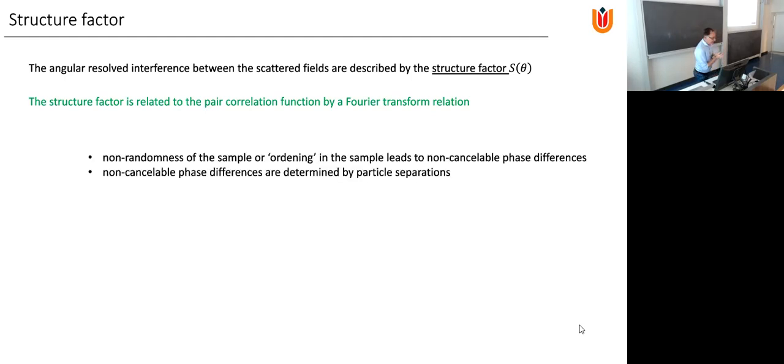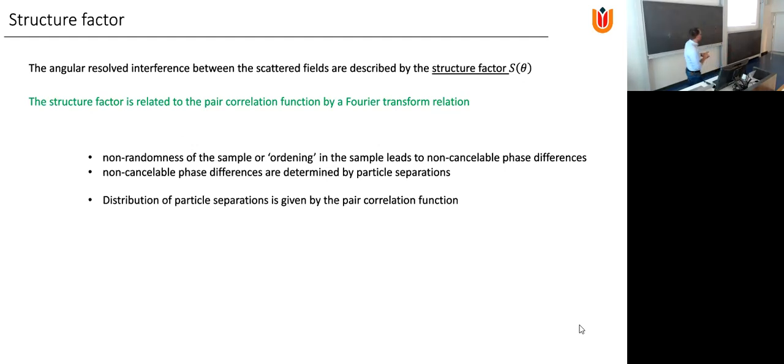So that means that the non-exact randomness of particle placement in the sample, ordering if you like, leads to non-cancelable phase differences. These non-cancelable phase differences are determined by the separations between the particles, and the distribution of particle separations is described by the pair correlation function.